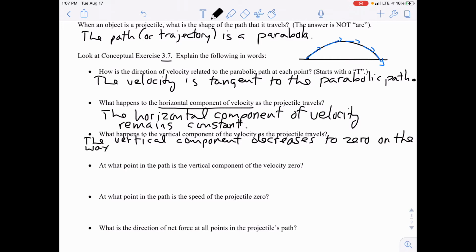So as the object goes up like this, the vertical velocity decreases to 0. Then it increases on the way down. Because again, gravity's pulling on it to slow it down going up and speed it up going down. So it decreases to 0 on the way up and increases from 0 on the way down.